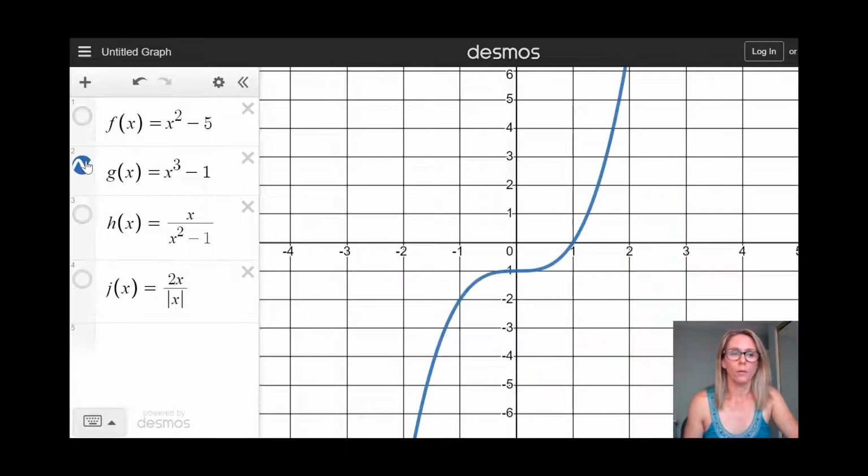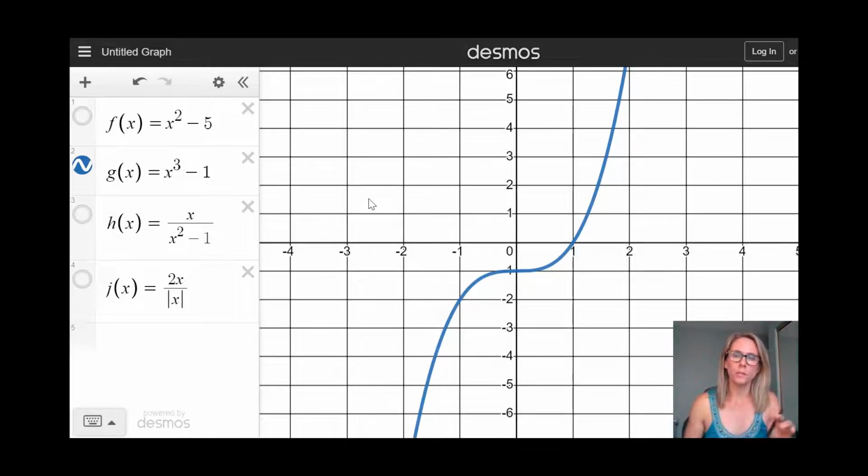For b, we had the function g of x equals x cubed minus 1. And I want you to notice that this function, we said it was not even or odd, it was neither. And that means it does not have the y-axis symmetry, it does not have origin symmetry. We can see pretty easily it doesn't have y-axis symmetry.